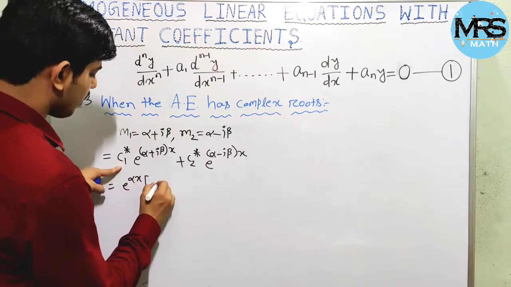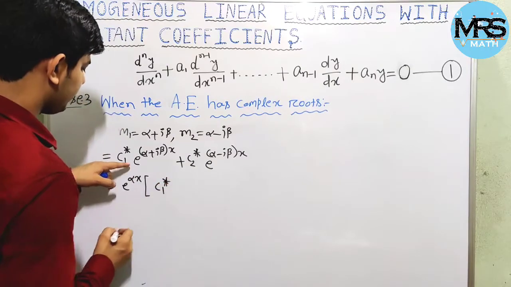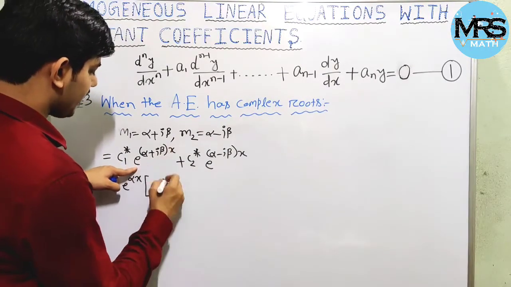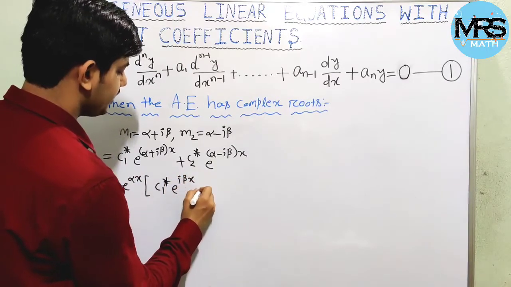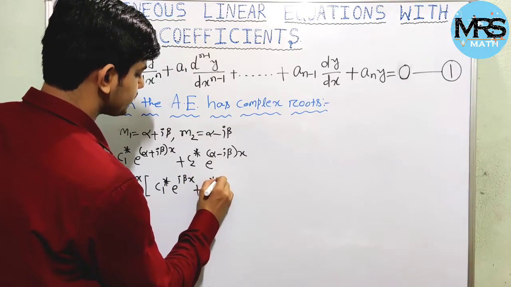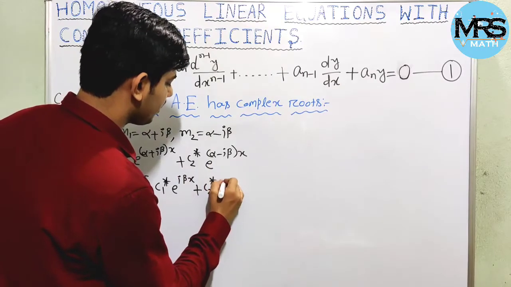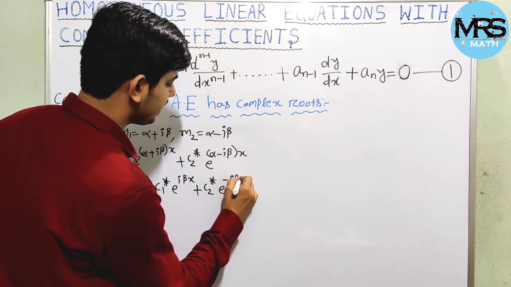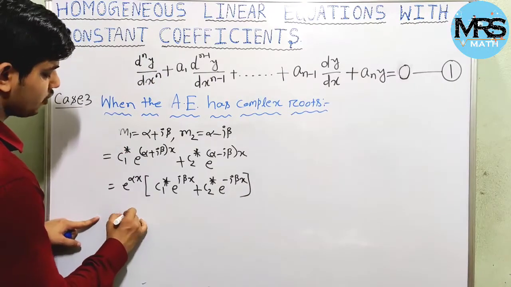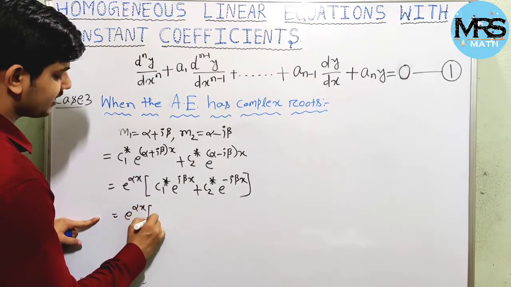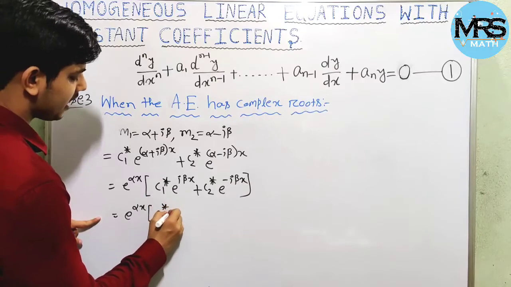We will get C1 star e to the power i beta x, and C2 star e to the power minus i beta x, which is equal to e to the power alpha x times C1 star.